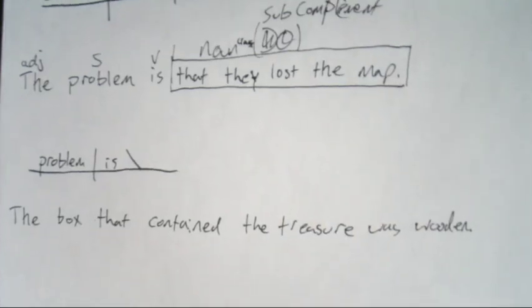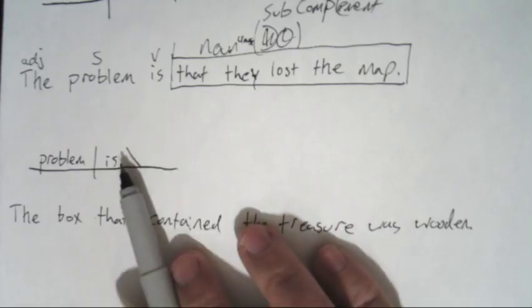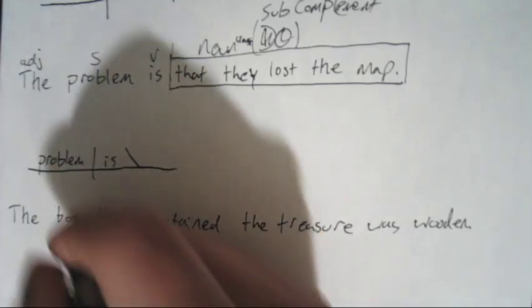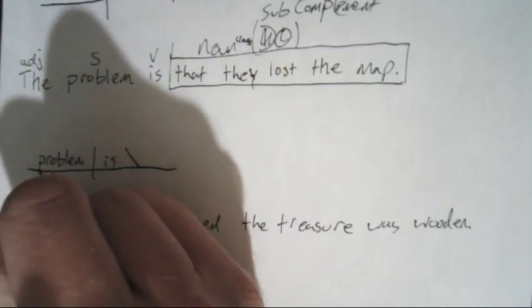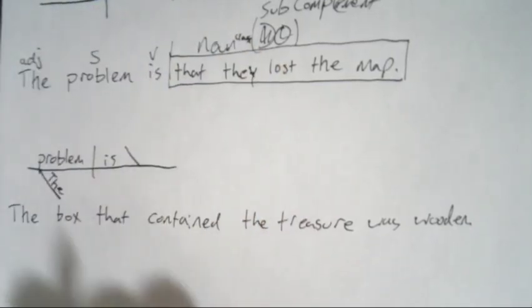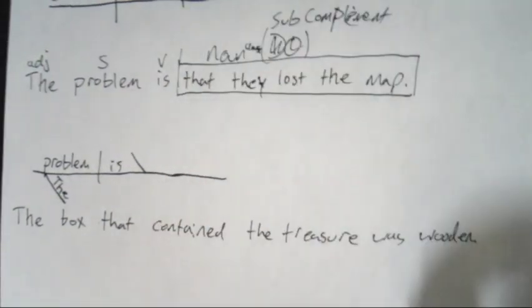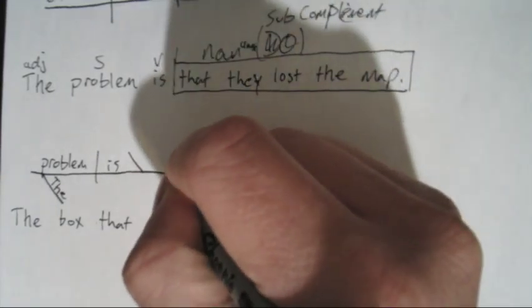So we have the nice little slash because it's subject complement. Oh, let's go ahead and get the diagram down here. Right? Because it's the problem is, and now when you get ready to draw another stick figure, because it's a noun clause.